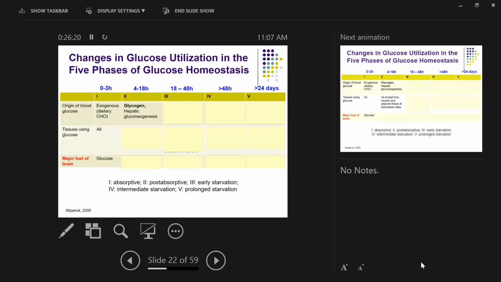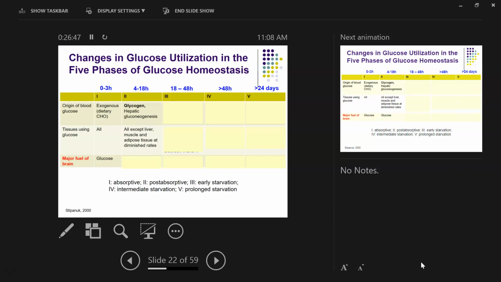And which tissues utilize glucose? All tissues or only some tissues? All tissues except liver, muscle, and adipose tissue, which are at a reduced rate, right?